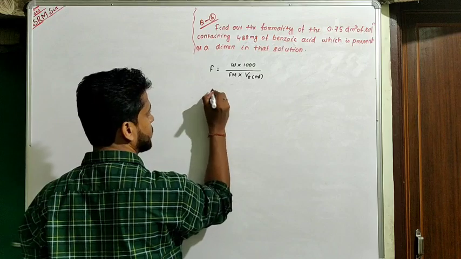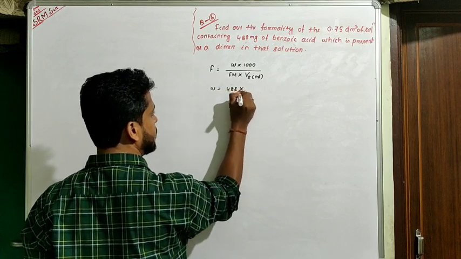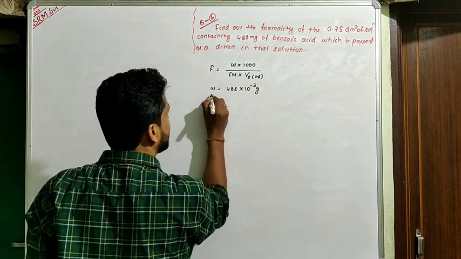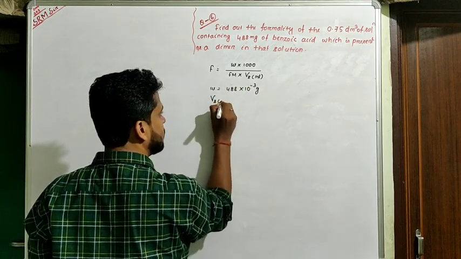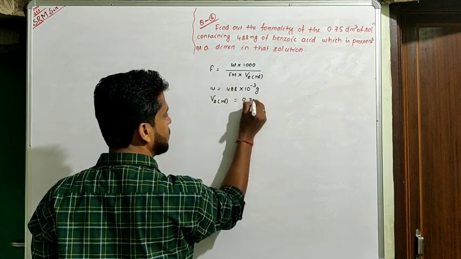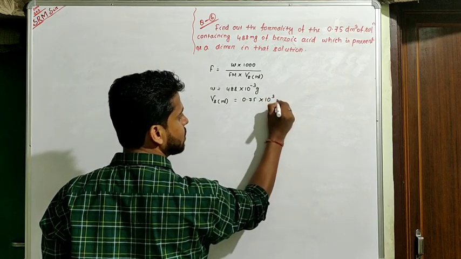So mass is how much? 488 into 10 to the power minus 3 gram, right? Volume of the solution in milliliter is how much? That is 0.75 into 10 to the power 3 milliliter.